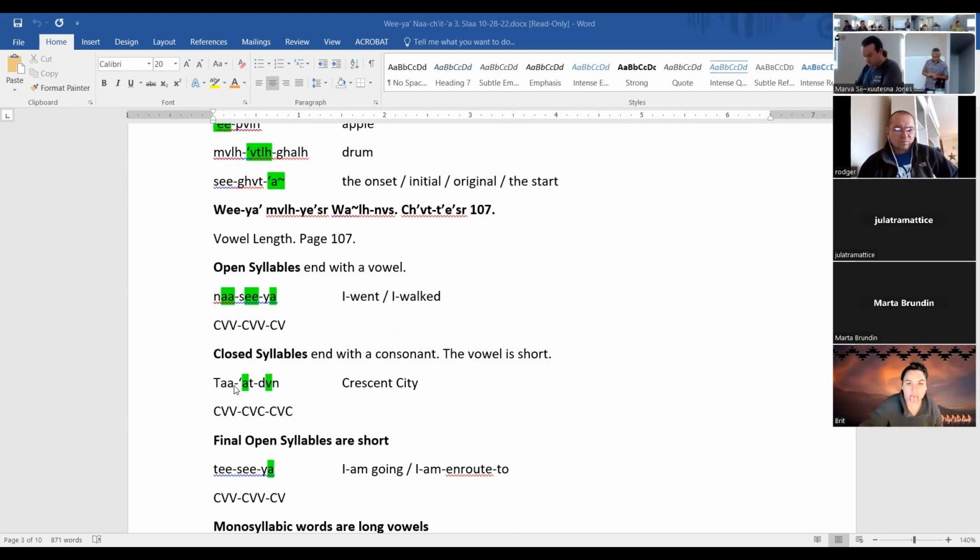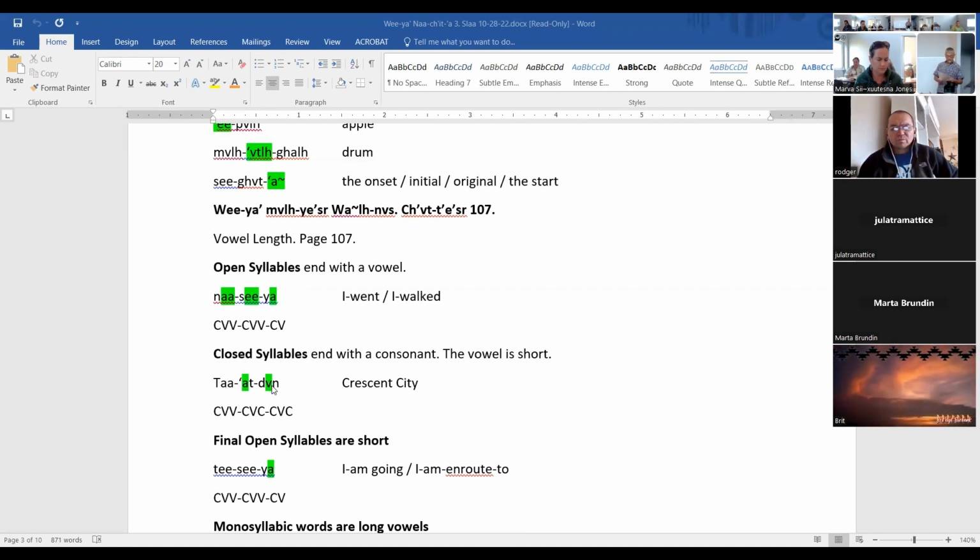Here's the word ta-at-dun, which means the town of Crescent City. Notice that the second syllable, at, ends with a consonant, so it's a closed syllable. And dun ends in an N, so it's a closed syllable. Those vowels in the middle are always short, never long.